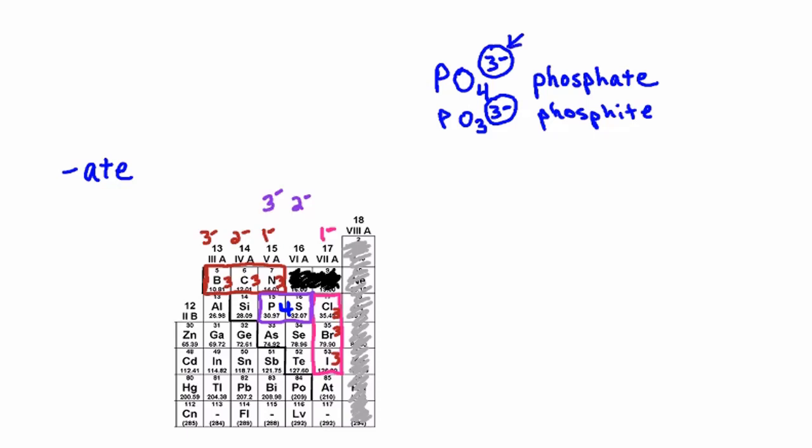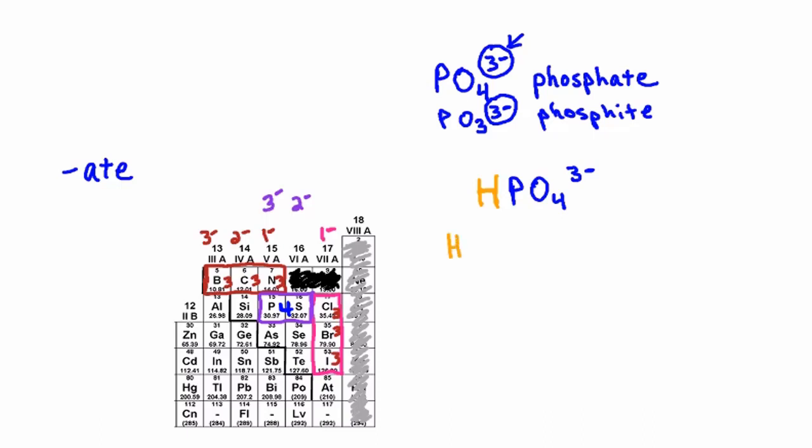Here is when the charge changes. Let's say we have phosphate, PO4, and that's a -3 charge, but then we add a hydrogen to the beginning of it. So we want hydrogen phosphate.